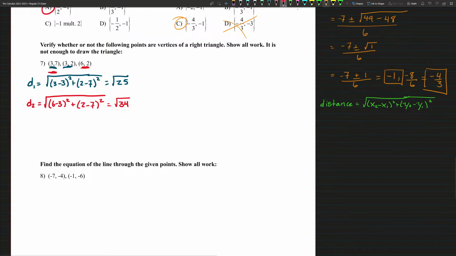And then I will find the distance between these 2 points. Which is going to be 6 minus 3 squared plus 2 minus 2 squared. Which is just square root of 9.